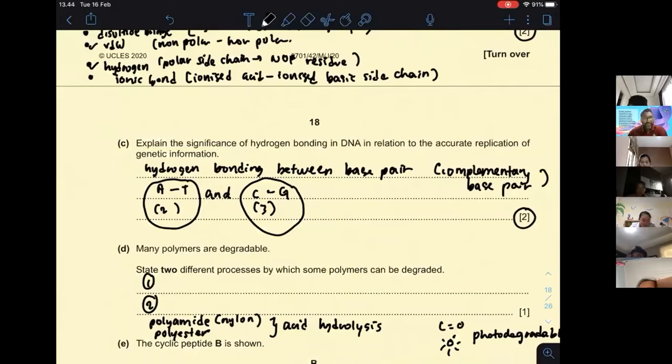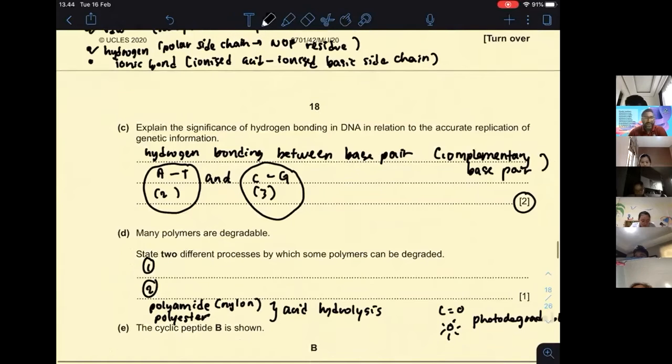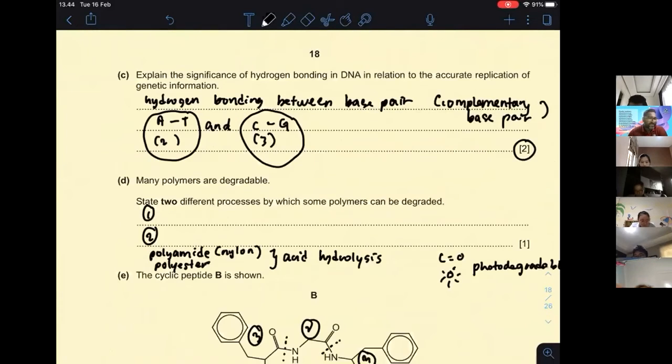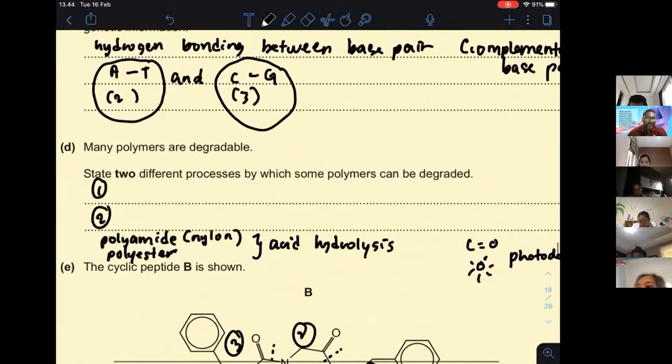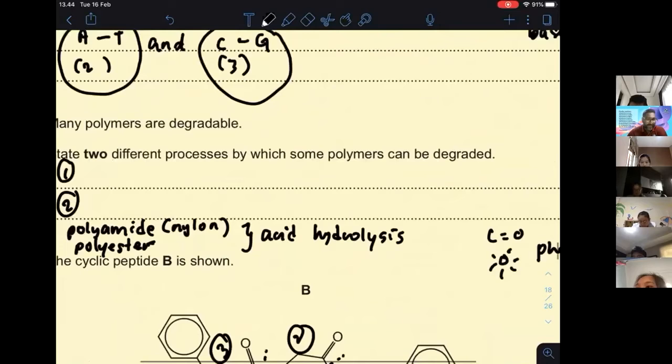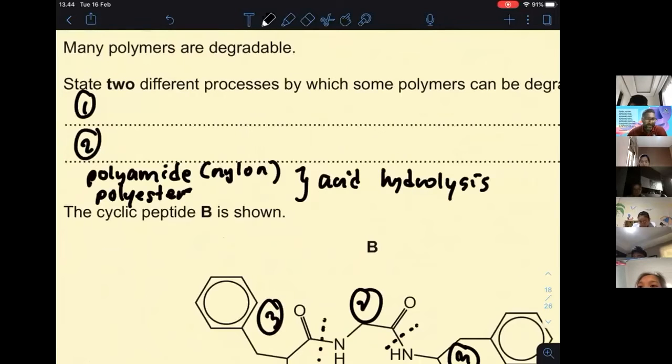Now, many polymers are degradable. This one I told you to read about. Whether certain polymers are biodegradable or not depends on the structure. For example, nylon is a polyamide. So nylon and polyester, you can read from the textbook. They mentioned that acid hydrolysis can be used to break the bond.